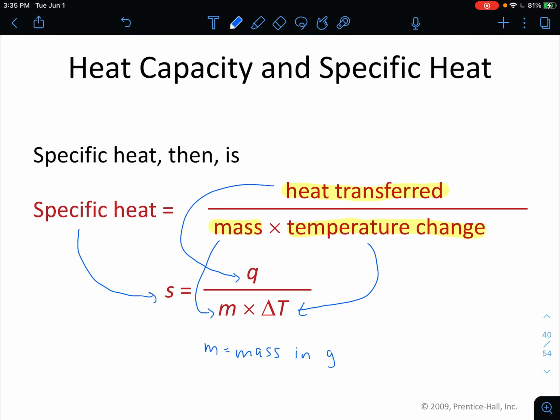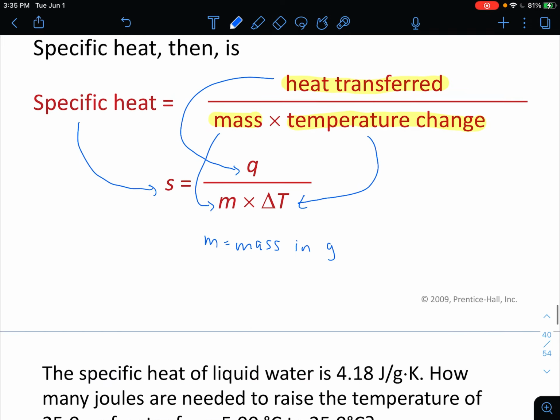So qualitatively, the larger the specific heat, the more difficult it is to raise the temperature of the object. The smaller the value is for specific heat, the easier it's going to be to change the temperature of the object.